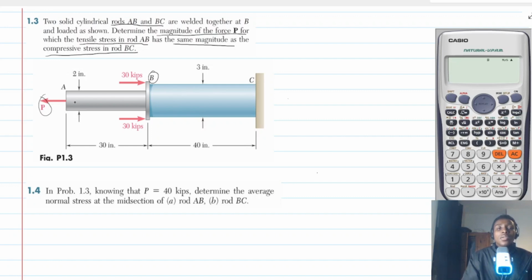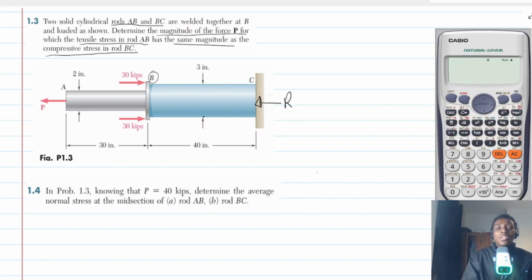As it stands now, we don't know P. So think about it this way: if there was a force, let's say R, acting here, so this is what I'm trying to say, there is this support reaction here.